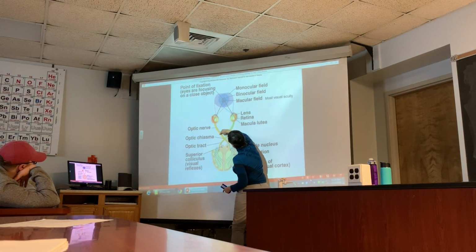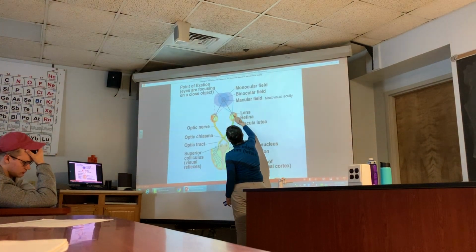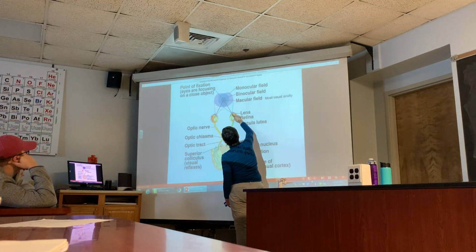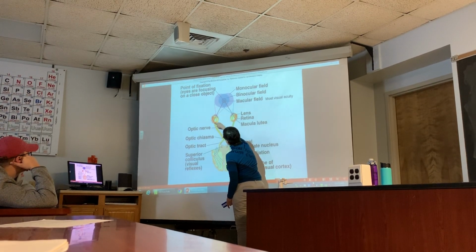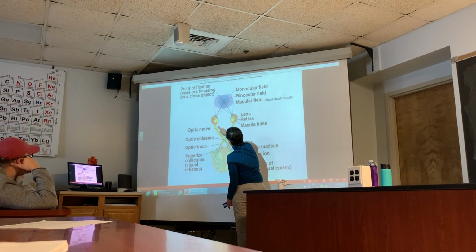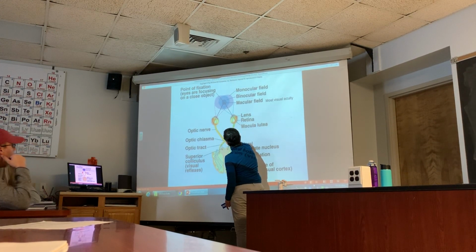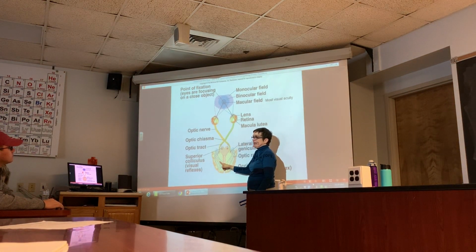So this light image is going to the left side of the brain through the optic nerve, and this one on this left side is going to the left side as well. This one does not decussate, but this one does. Okay, so you have decussation up from the right eye field to the left brain.